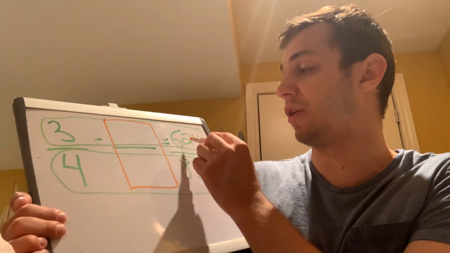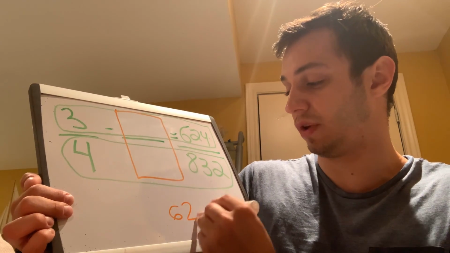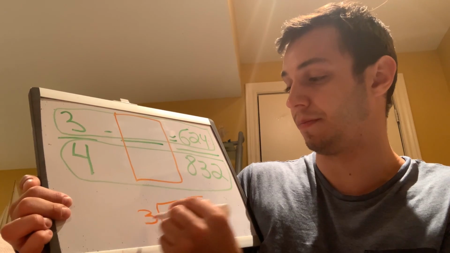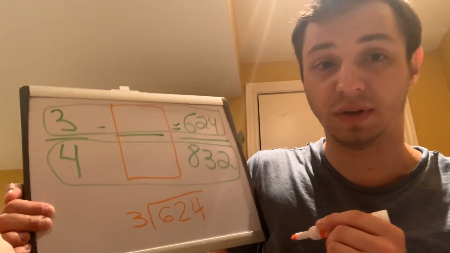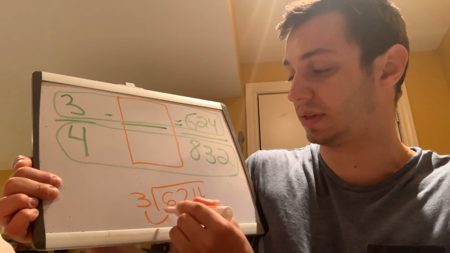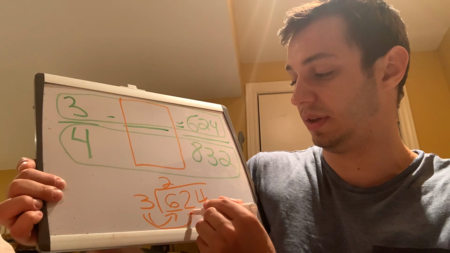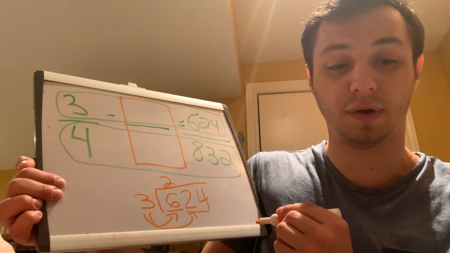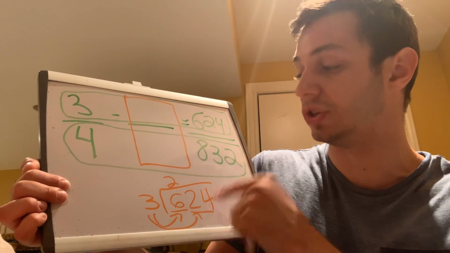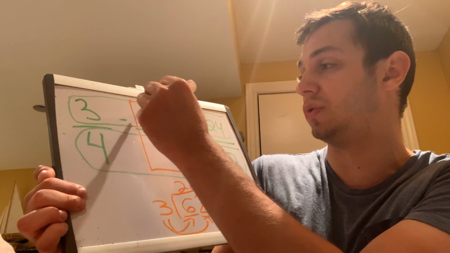Right? So if we look at our top one, we have 624, and we're dividing it by 3. Right, so all I have to do now is just simple division. 3 divides into 6 2 times, and then we know that 3 divides into 24 how many times? 8, but since there's 2 digits, I have to put a 0, 8. So my top answer is 208.